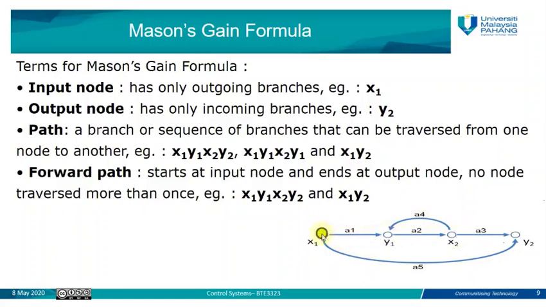So we have, for example, between x1 and y1 the gain is a1, between y1 and x2 the gain is a2, between x2 and y2 the gain is a3. So this path has a gain of a1 times a2 times a3. For example, the other path, which starts from x1 and goes through this into y2, has the gain of a5. So this we call the path gain.